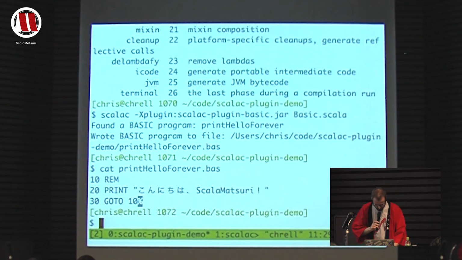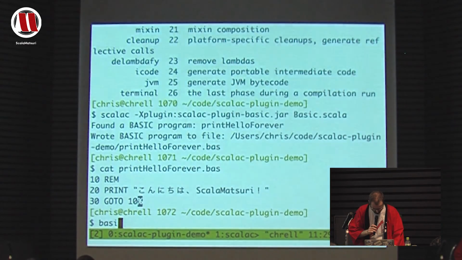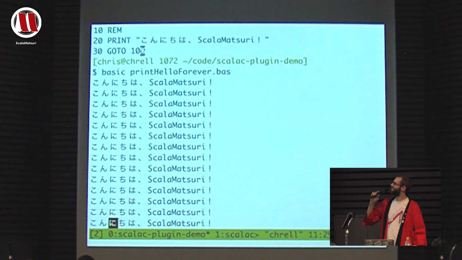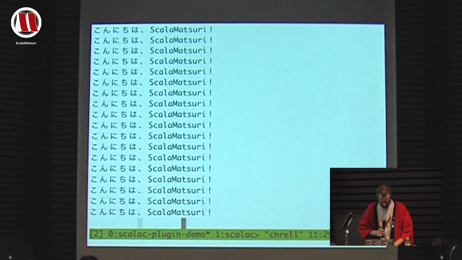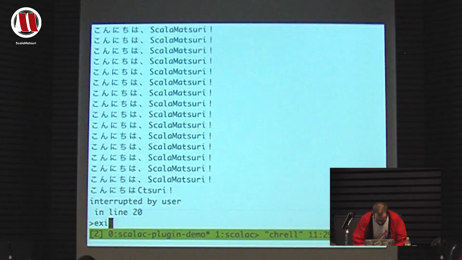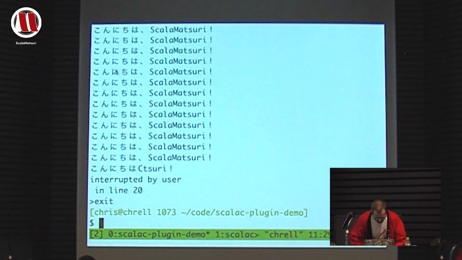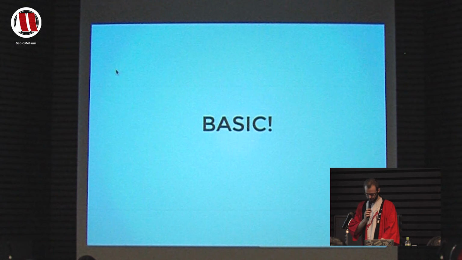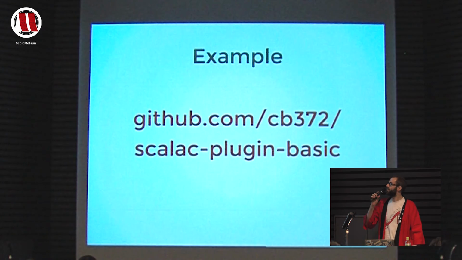So now we can run this with our favorite basic interpreter. There you go. Okay, so not the most useful plugin in the world, but if you're interested, then the code is available online.